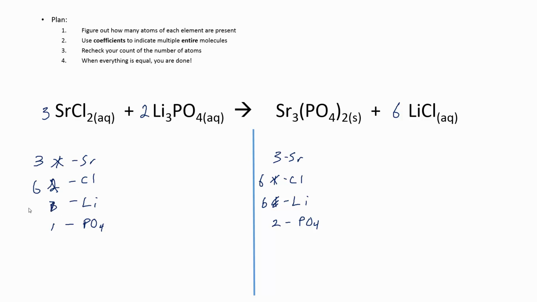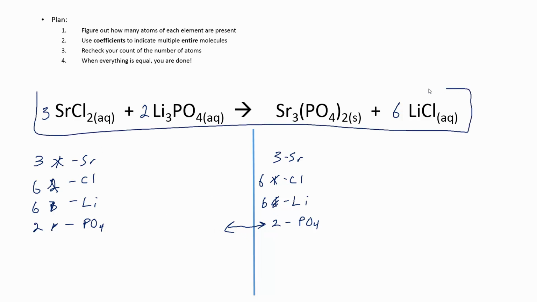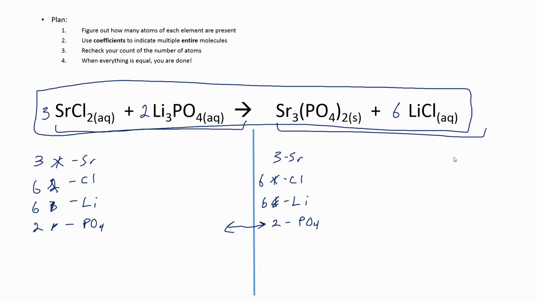That means I have 6 lithiums, but it also means I have 2 phosphates. What did I tell you? Phosphate balanced itself. Excellent. 3 and 3, 6 and 6, 6 and 6, 2 and 2. This is the set of coefficients that gives us the ratio of each of the species to each other when these two substances react to form these two substances as products.